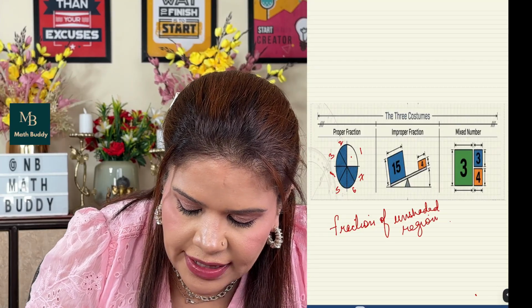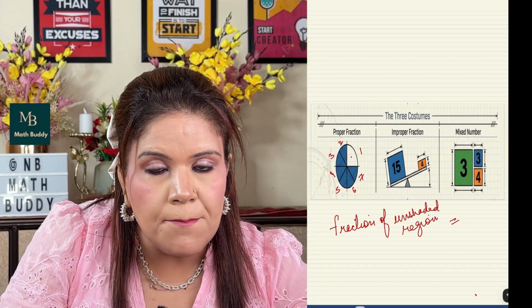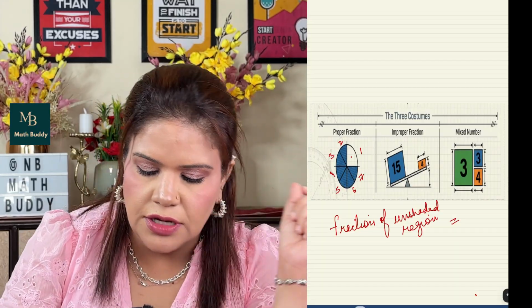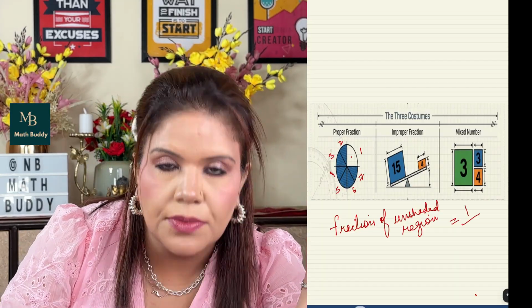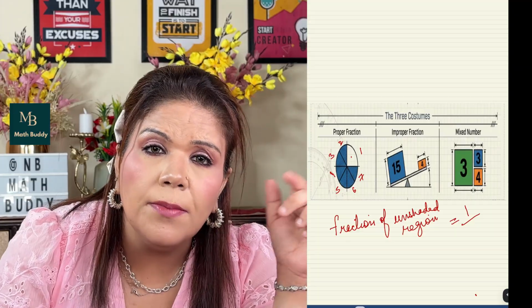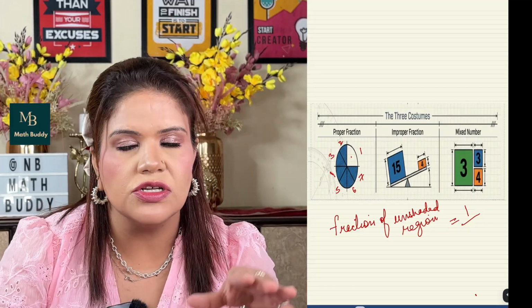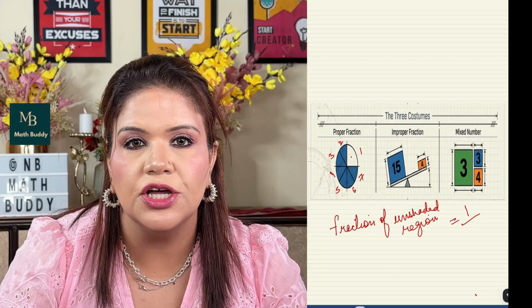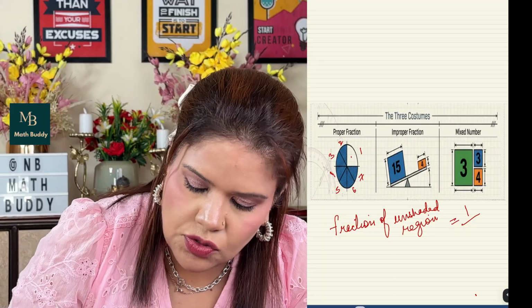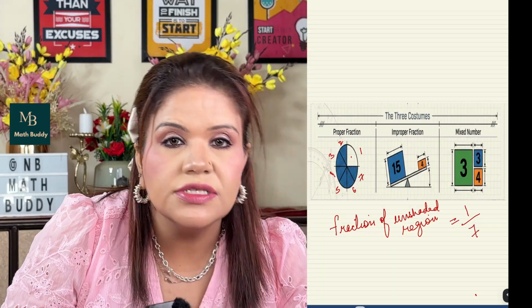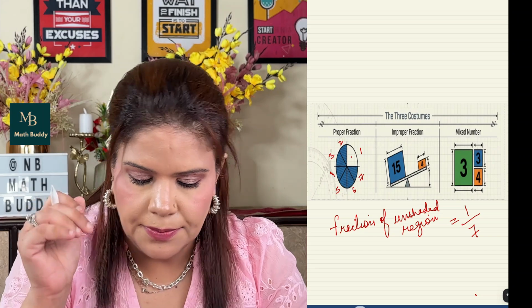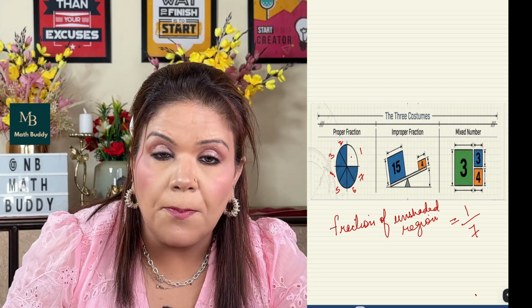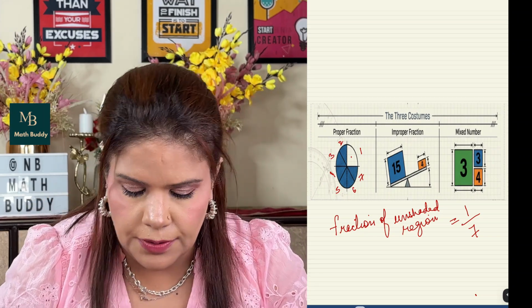So you will keep the number of unshaded regions in the numerator, and how many pieces this figure was divided into in the denominator. So there were 7 pieces. So what we did, this is part of a whole.